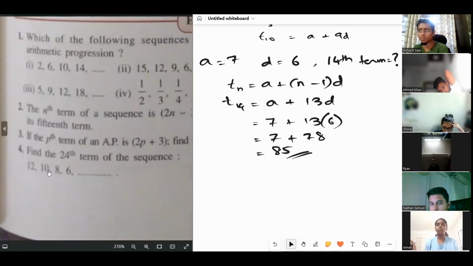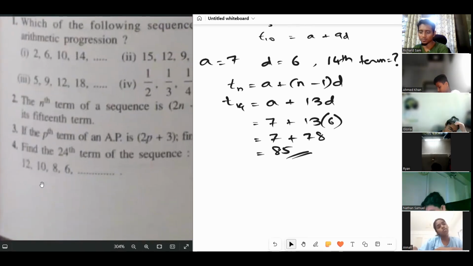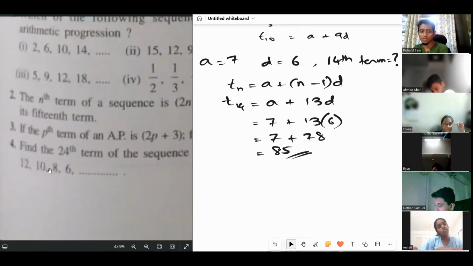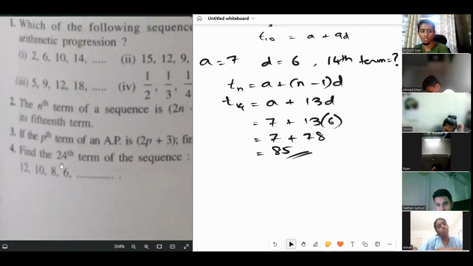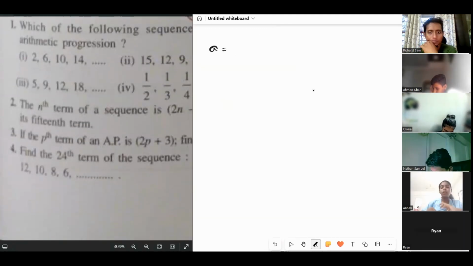Okay, do question 4 from my book. Find the 24th term of the sequence, and they've given the sequence. They have not told what A and D are. You have to figure that out. A is 12, D is minus 2 here.